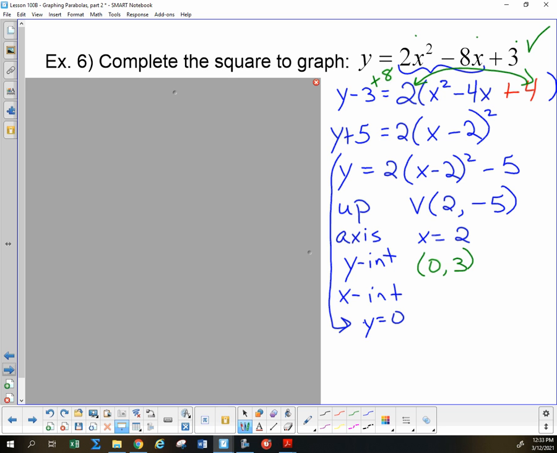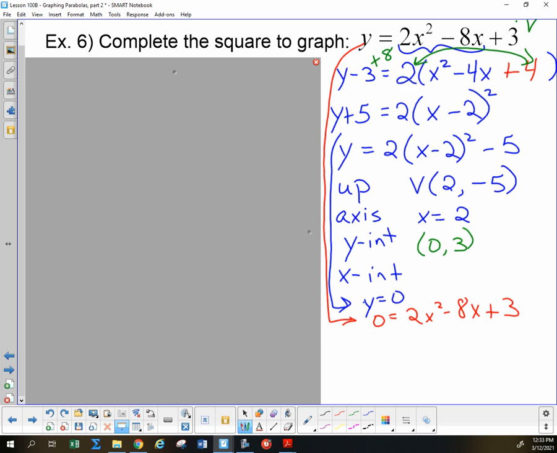This time, I'm going to take that original equation again, and if y is 0, I have 0 equals 2x squared minus 8x plus 3. Hey, that equals 0. I can use my quadratic formula.